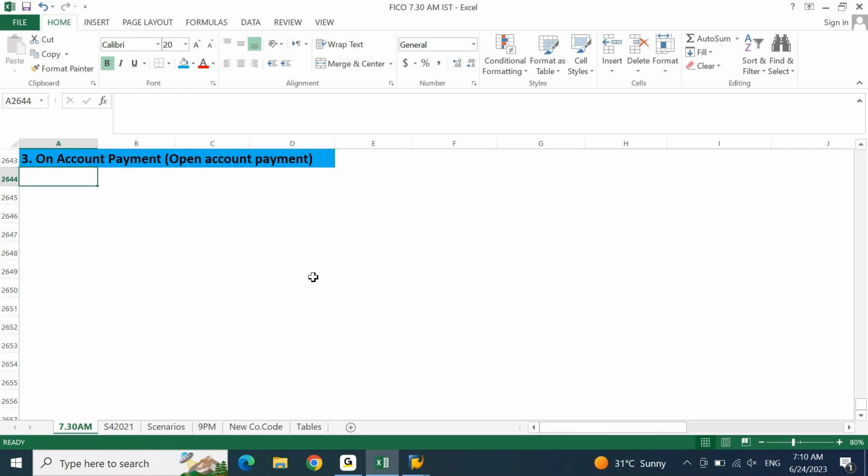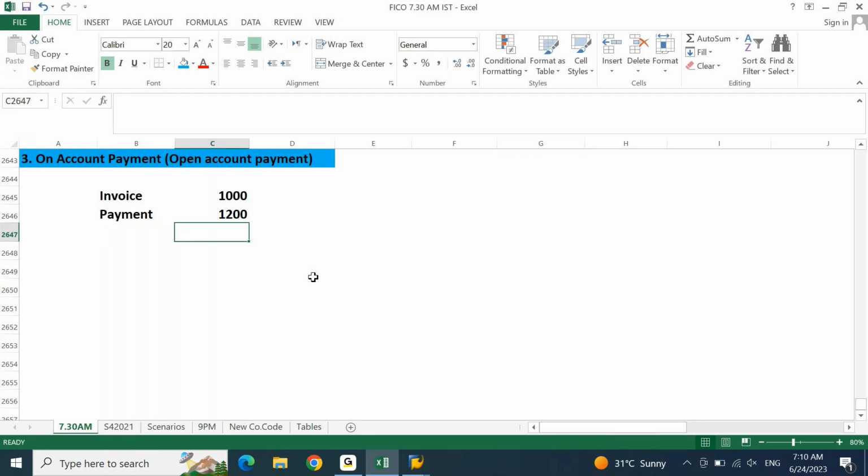Option number one, let's say the invoice amount is 1000. You made payment 1200. Did we make any excess payment or not? You have made excess payment of 200. Out of 1200, you can allot only 1000 for the invoice. Balance 200, you do not have any invoice to allot or to assign.